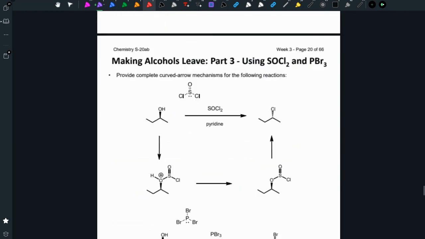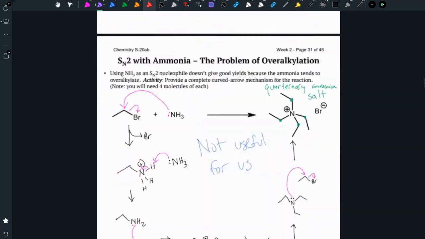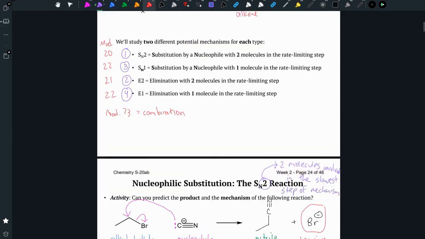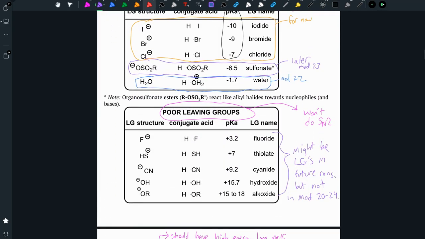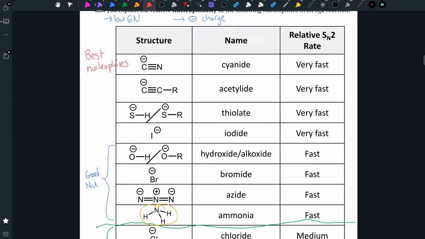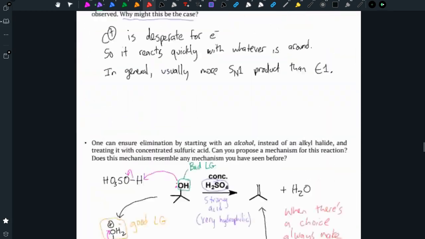Just to remind you, if you flip all the way back in the notes to where we were introducing good leaving groups, right back here, we listed these sulfonates as good leaving groups, and I said they'd come up later in module 23, so here they are. So this tosylate is an example of a good leaving group.